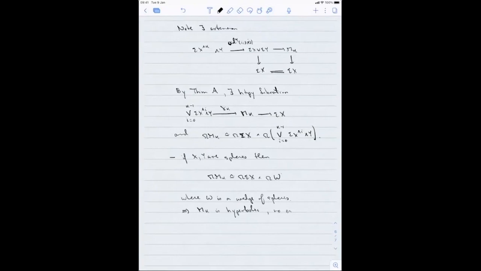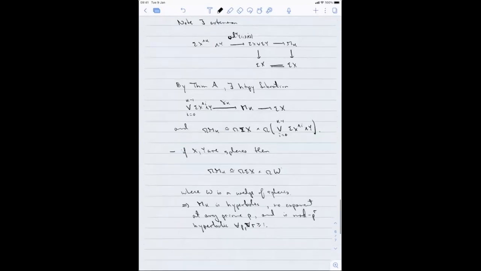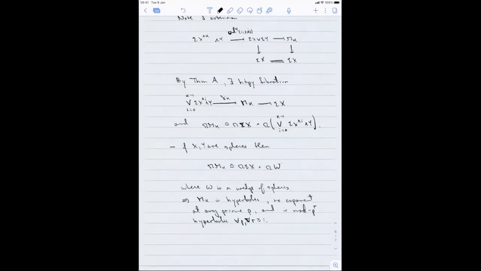It would have no exponent at any prime p. So Moore's conjecture holds. And it would also be mod p to the r hyperbolic for any prime p and any r. So its torsion homotopy groups would have exponential growth for all primes p and all r.